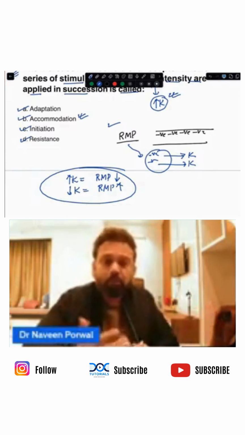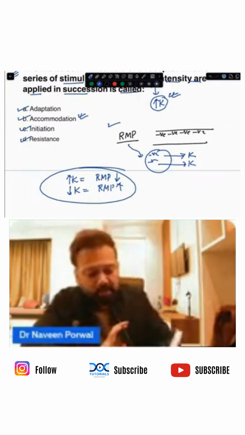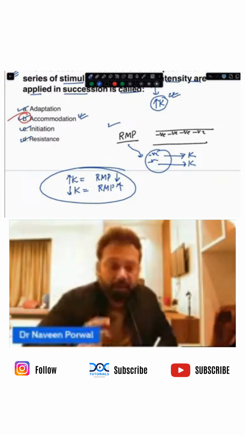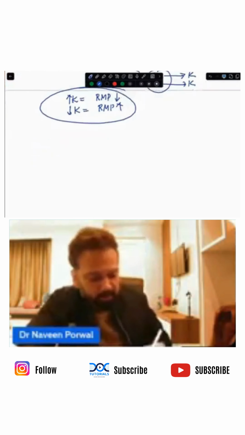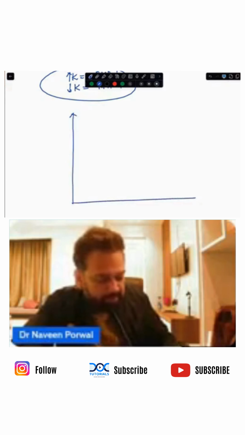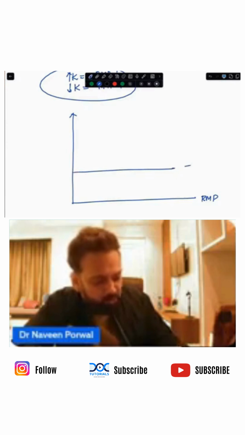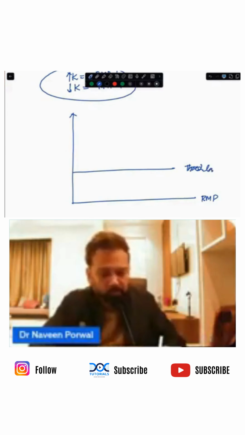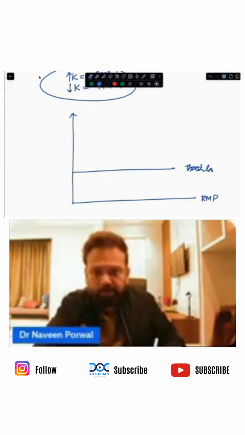Now, why am I telling you adaptation or accommodation? The answer for this question is accommodation. But what is accommodation? And it is due to what? Hyperkalemia. So let me draw a simple diagram. You must know every cell has a RMP and every cell has a threshold. So what will happen in RMP and what will happen in threshold?